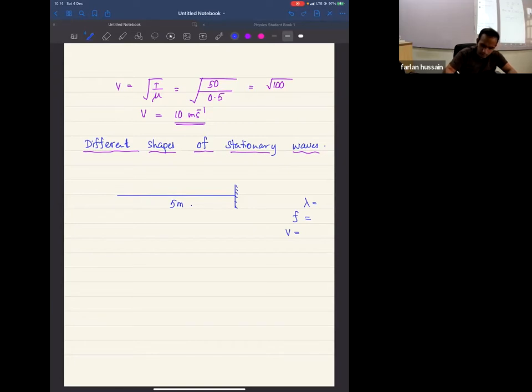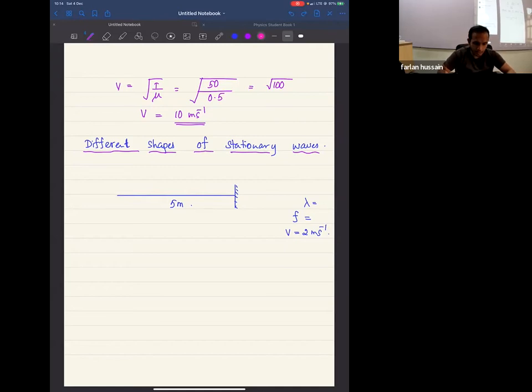Let's say the speed of the wave is 2 meters per second. We send a wave on this string at a speed of 2 meters per second from this corner to this corner. It will reflect here and travel in the opposite direction, while the original wave continues to travel along the string. So those two waves overlap and it can form a stationary wave.